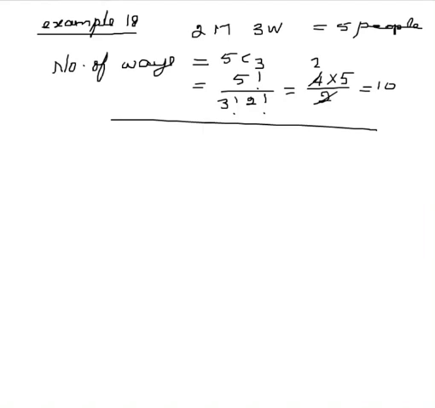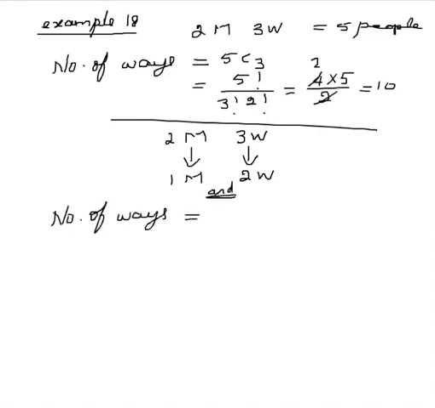The second part of the question is, how many of these committees would consist of 1 man and 2 women? We have 2 men and 3 women, out of which we need to select 1 man and 2 women. Here we have "and", so we need to multiply.